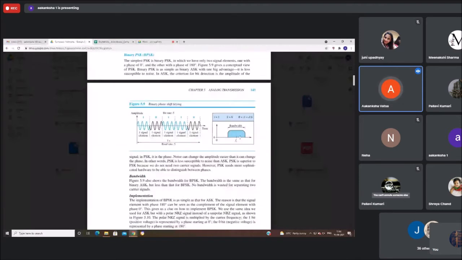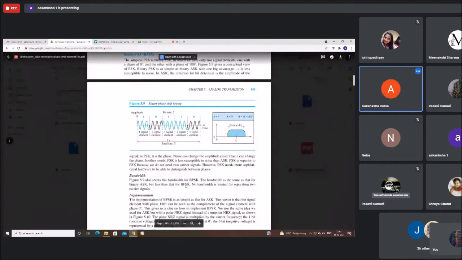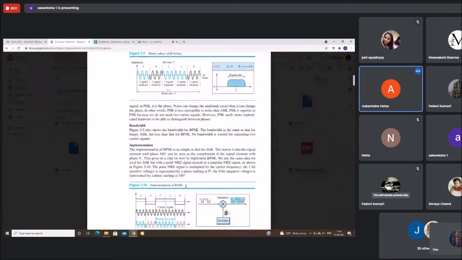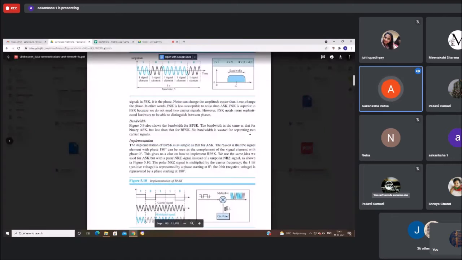And S and R equal to 1 for binary phase shifting. So here there is no bandwidth which is wasted for separating 2 carrier signals. And bandwidth is same as which was used for ASK, that is amplitude shifting की और phase shifting की जो bandwidth requirement है, that will remain same.